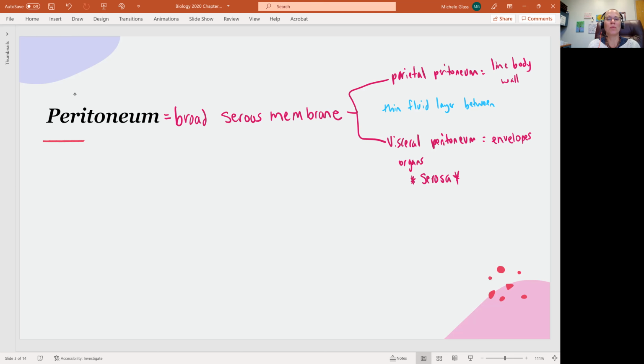There's so much movement that's happening in the GI tract. The stomach is moving, the small intestine is moving, the large intestine is moving. And then your body wall's moving. You're encasing the whole abdominopelvic wall in muscle that's moving. And so these movements can be different from each other. And so putting this thin layer of fluid in between is going to be important and helping to eliminate a lot of friction that might otherwise occur.